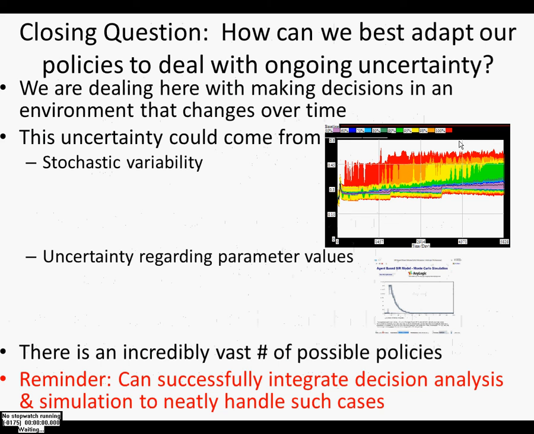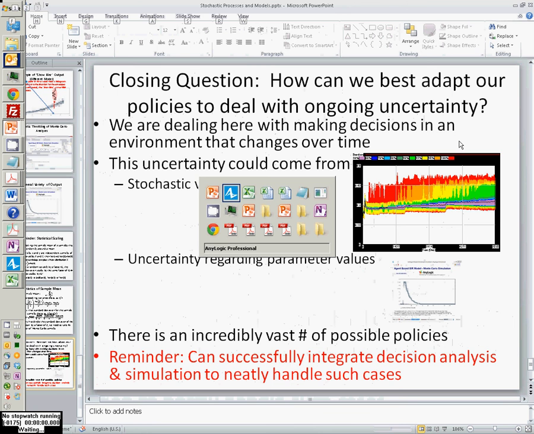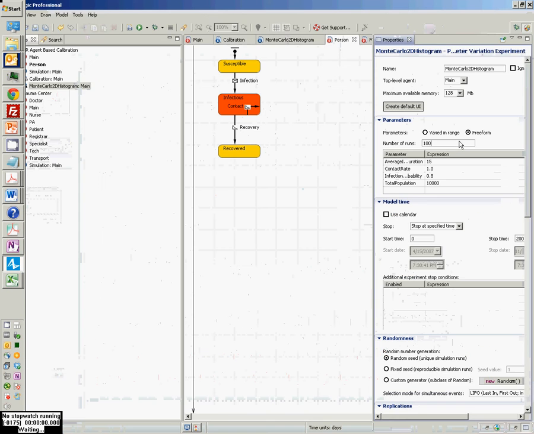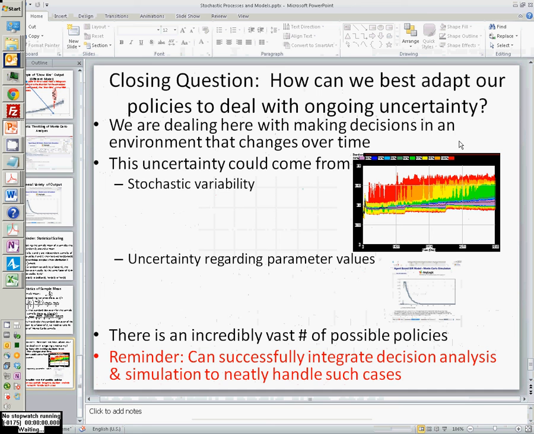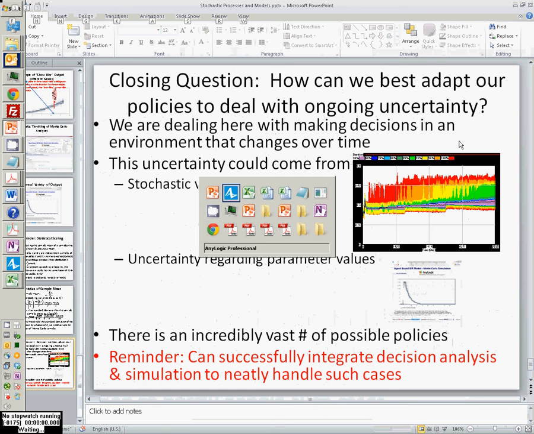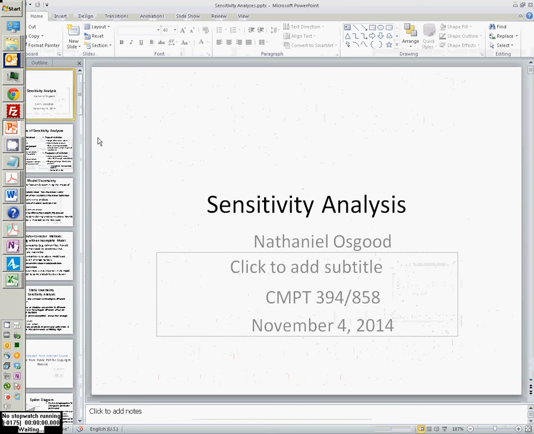I'm going to ask you to watch a video for our next class, but I just want to give you a little bit of a glimpse of it right now. It's about this issue of sensitivity analysis, which builds directly on what we're talking about here, and in fact uses the same interface.